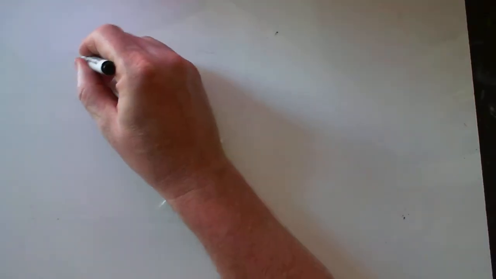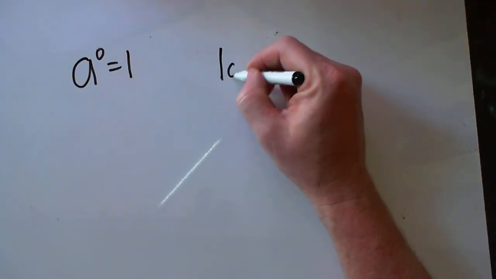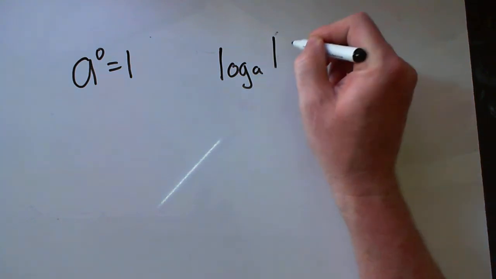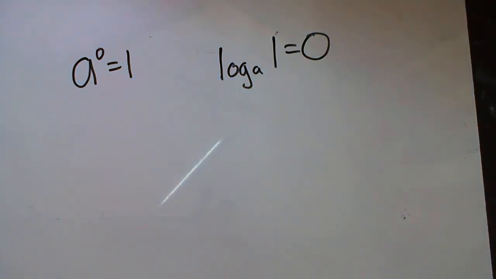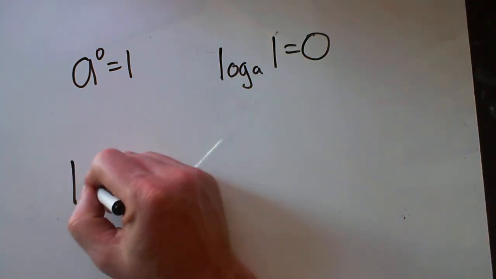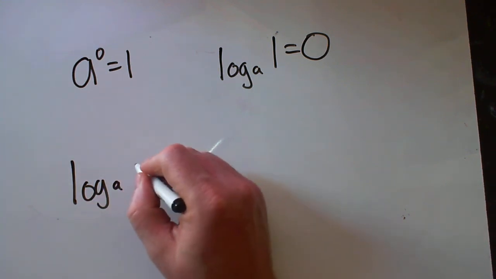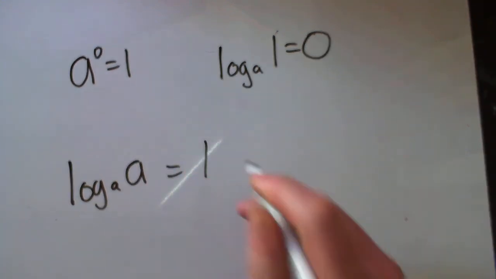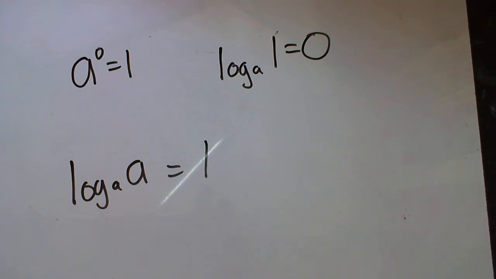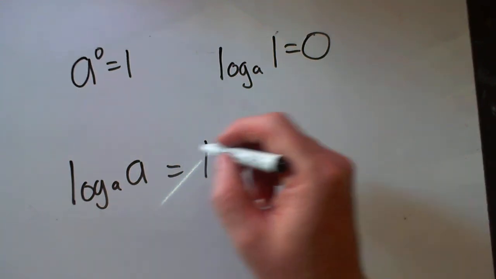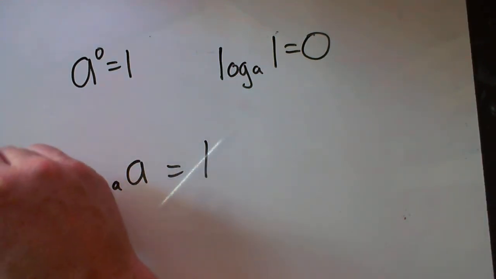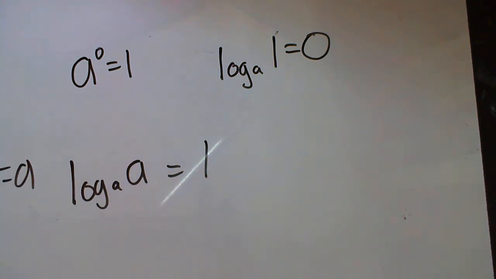A couple of other important things. Remember that a to the 0 equals 1. Well, that means that for any base, the log of 1 will always equal 0. Log base a of a equals 1. And that is because, I should have put it first, a to the first power equals a.